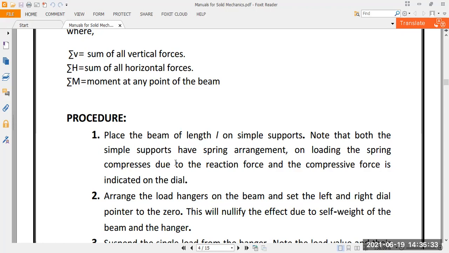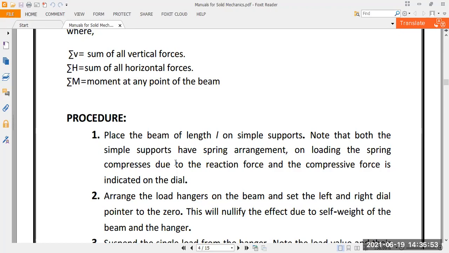So at both the ends you should have a weighing system. The beam can be kept on two weighing machines, electronic digital weights, which are very much available today. On both of its ends, a certain portion of the beam should be over the weighing machine itself.